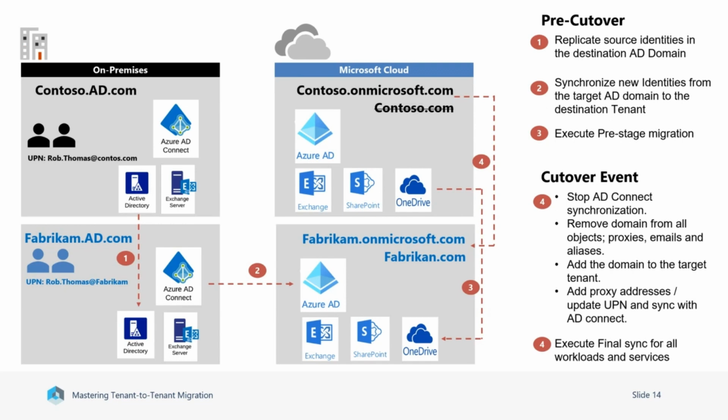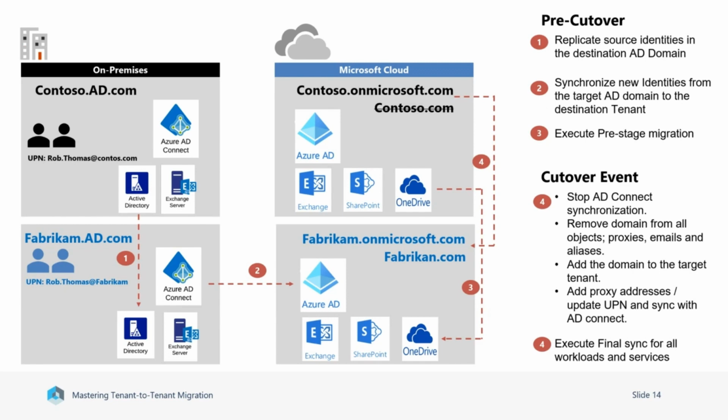So we need to recreate those Contoso users in the Fabricam Active Directory. Best practice is to recreate those accounts in a brand new OU. That way, all those users are contained when we need to run our management scripts and remediation tasks. It's a lot easier when they're all contained within an OU. Again, if there's lots of group policy and restraints, we can block inheritance and make sure that we've got full control over those users.